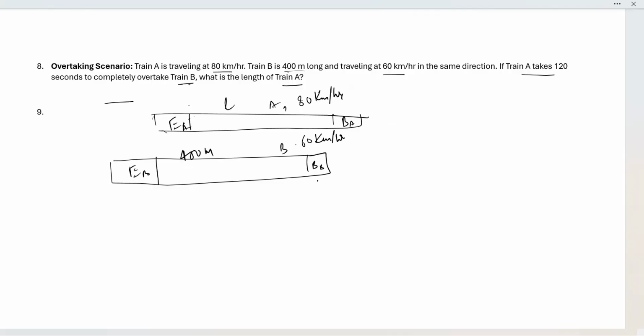The trains are moving in this direction. Obviously, train A will overtake train B because train A is faster, and we need to find the length of train A. Since they are moving in the same direction, the relative speed of A with respect to B will be the subtraction of both the speeds, 80 minus 60.